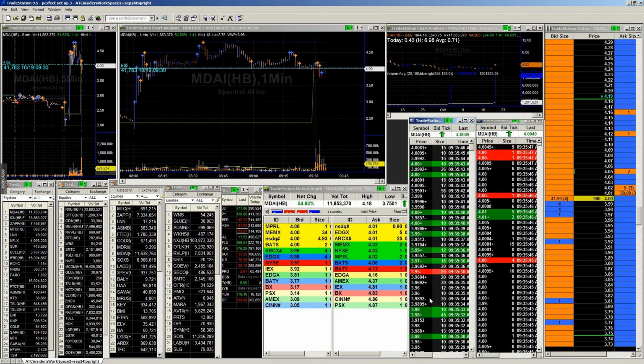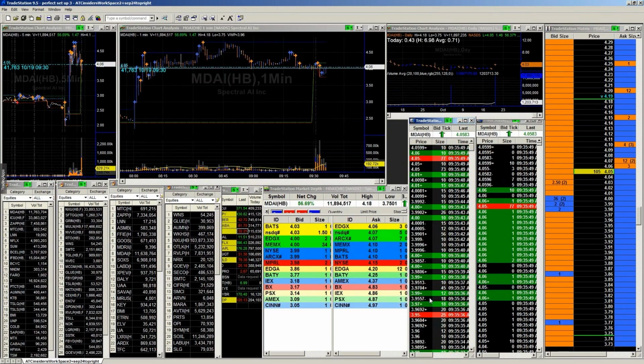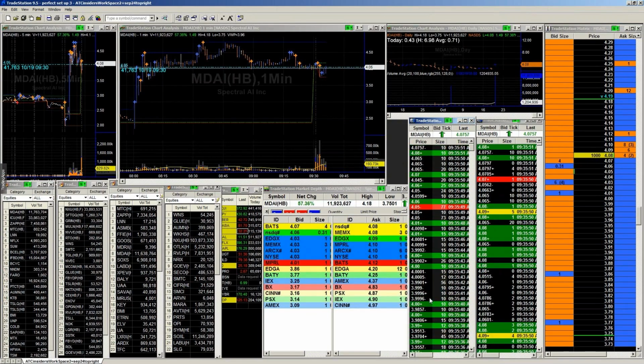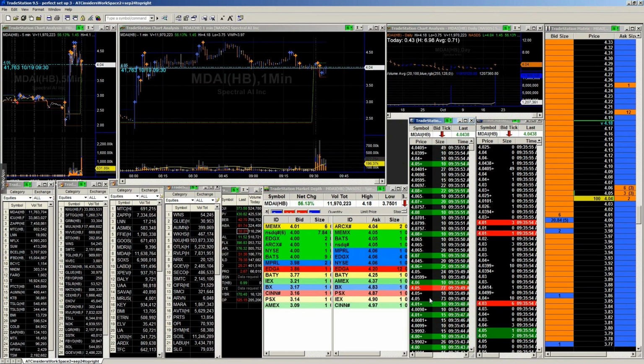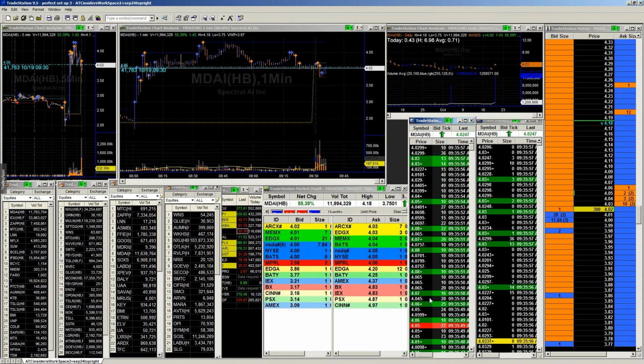A little bit here, a little bit there, but nothing at 4 that changes anything. Just a bunch of kind of random prints at the moment.